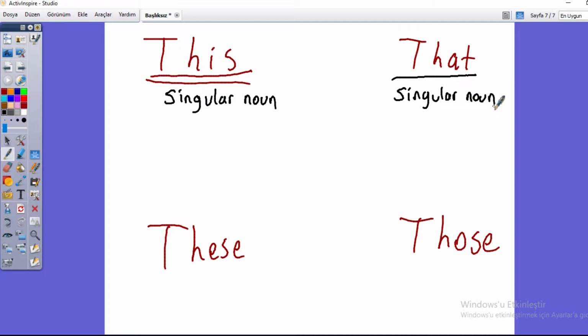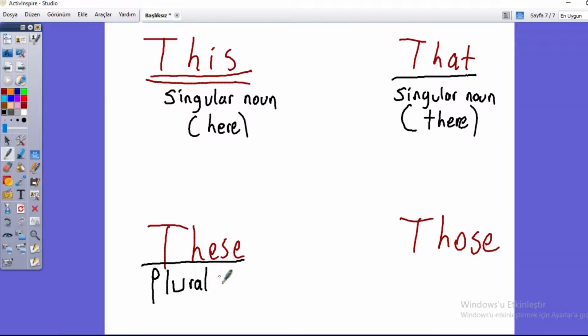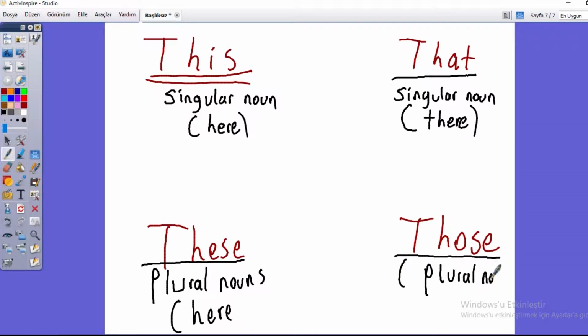If the object is here, close to you, we use this. If the object is there, if it's not close to you, we use that. These, we use for plural nouns, and here. And we use those again for plural nouns and there.